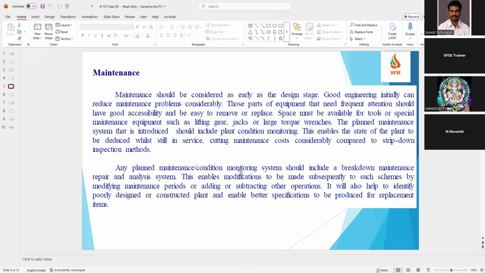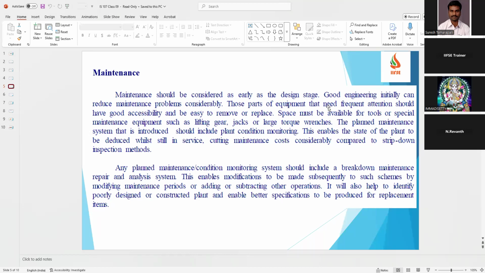Yeah, so maintenance should be considered as early as the design stage. Good engineering initially can reduce maintenance problems considerably. So the design of your process, your equipment, and your process controls can widely reduce the maintenance burden.